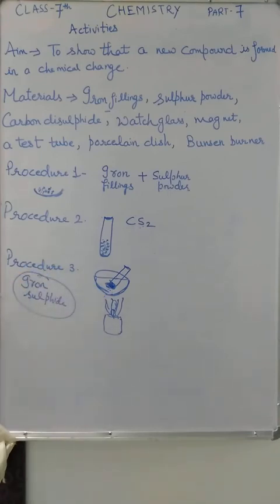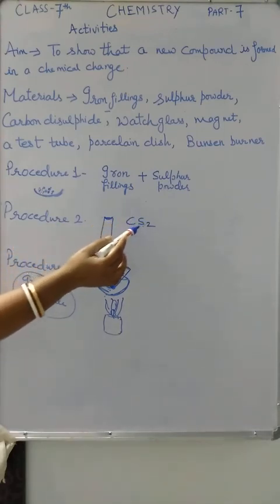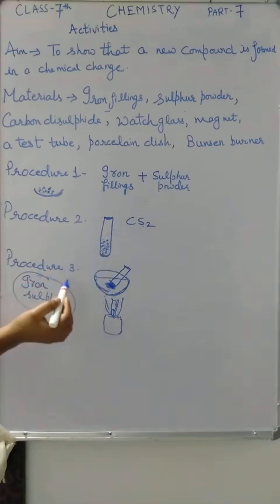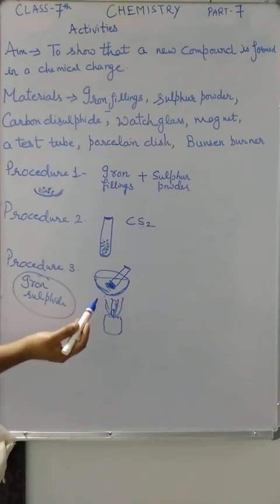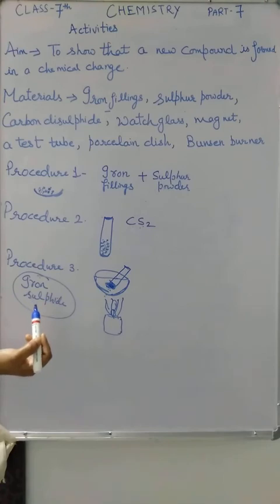What was the property of iron? It gets attracted to the magnet. What was the property of sulfur? It dissolved in carbon disulfide. But now after heating, both substances lose their original properties, and a new compound is formed having a new property.